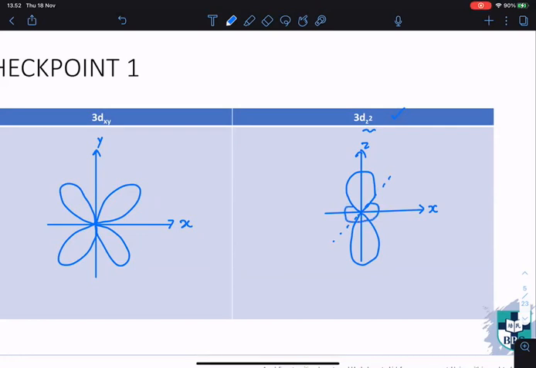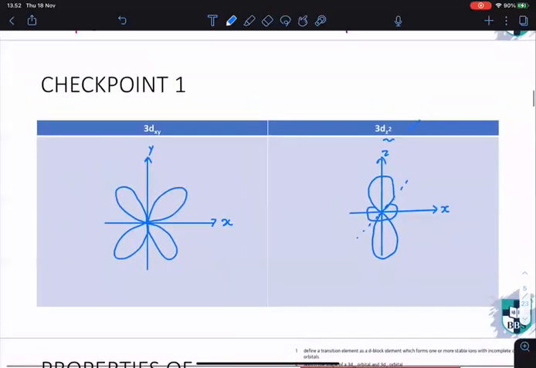This tells us this is the dz square orbital. Do remember each of these orbitals can occupy maximum 2 electrons. That is important also.